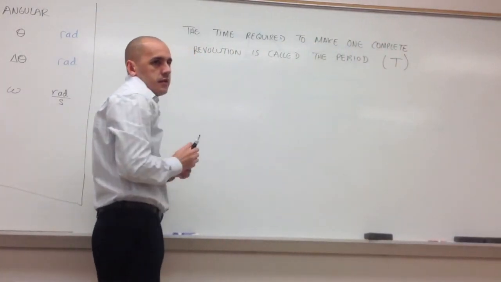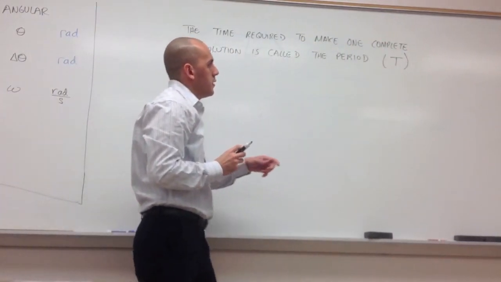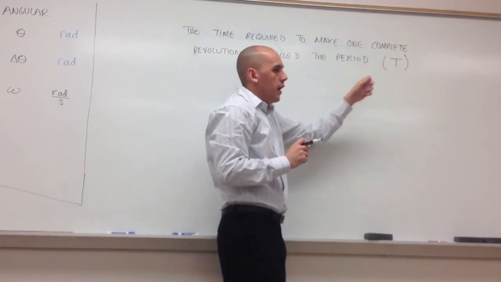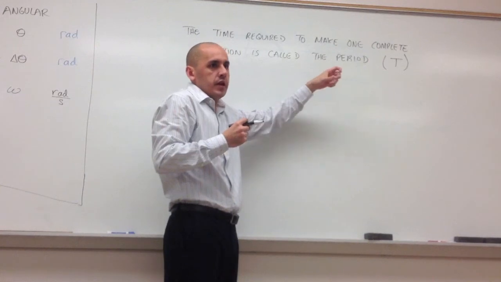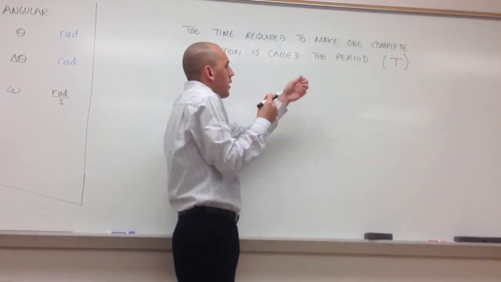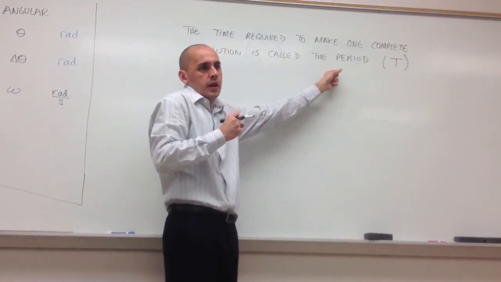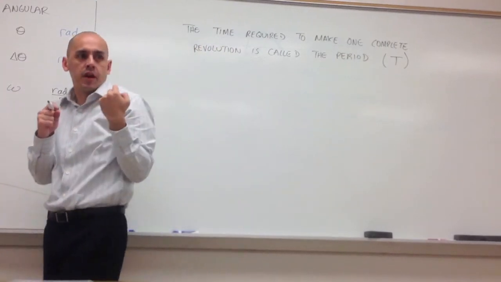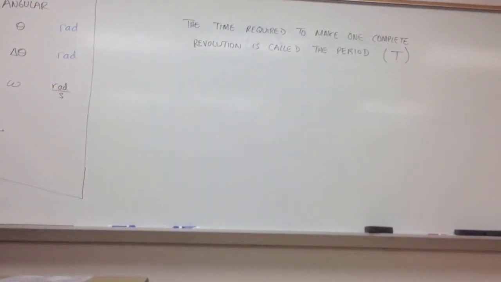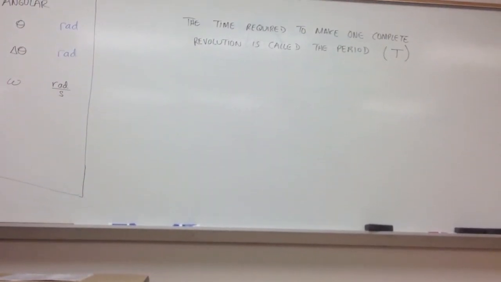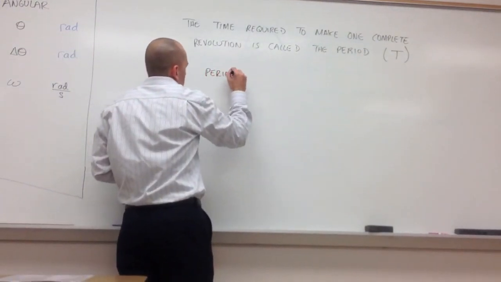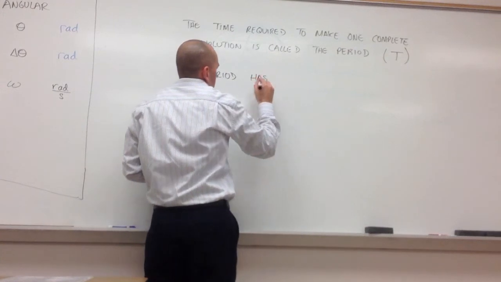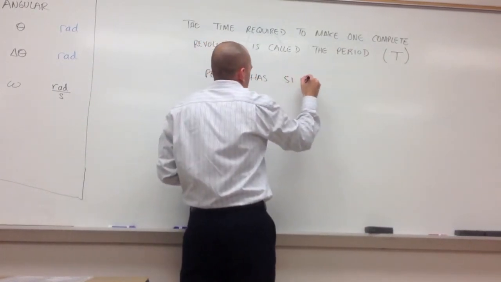So that's not measured only in seconds. Time period could be in any unit. The SI unit for period would be seconds, but physically, as we're just talking about how long it takes to make one complete revolution, I could use any time unit to describe that. If I'm going to use that in equations that are all based on SI units, then yes, I need seconds. So the period has regular units of time, just like anything else.